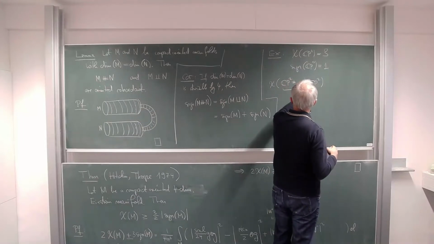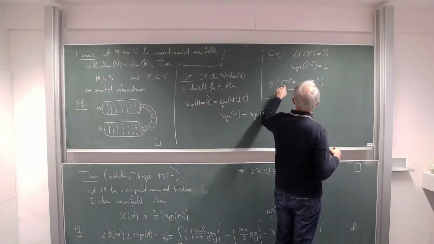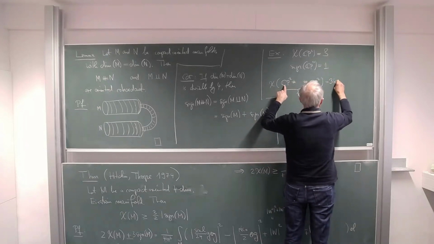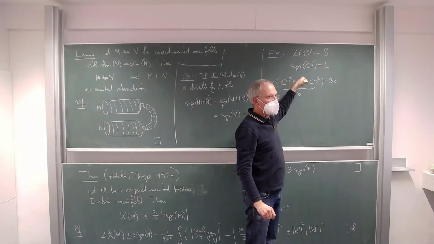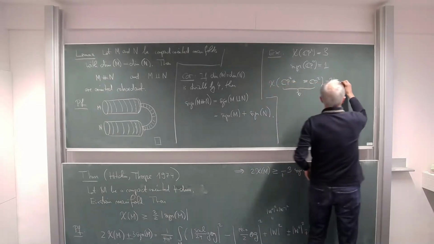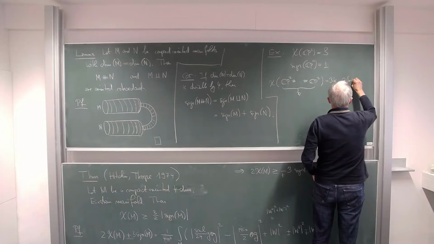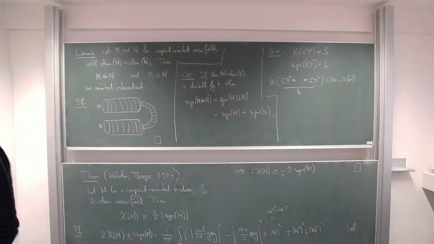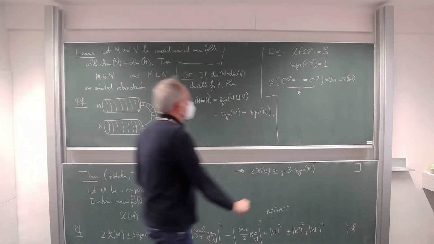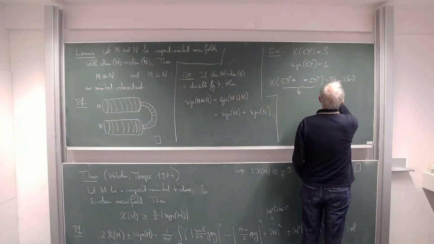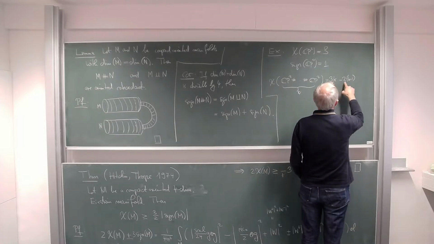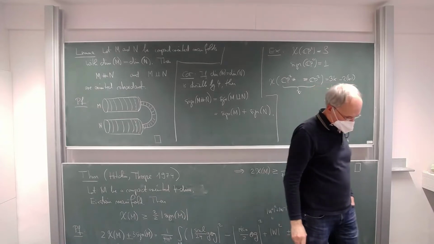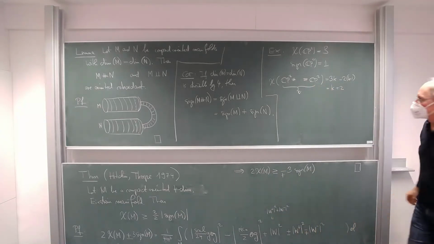So that means if we have k CP2s, then we have k times 3. But for each thing we add, we have to subtract 2, which means I have 2 times k minus 1, because I do a connected sum k minus 1 times. Okay, so then we have k plus 2. Okay, so that's the Euler number.